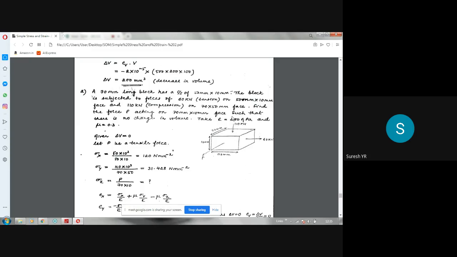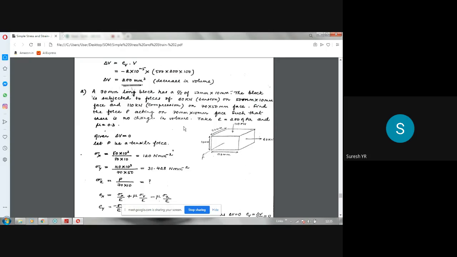Find the force P acting on the 70 mm by 10 mm face, the front face. 70 is this, 10 is this. On this 70 mm by 10 mm face, there is an unknown force. We have to find this force such that there is no change in volume.